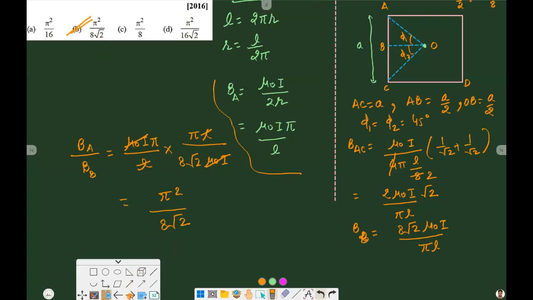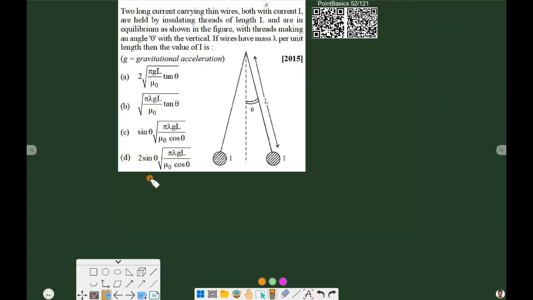Moving to the next question. Two long current carrying thin wires, both with current I, are held by insulating threads of length L, are in equilibrium as shown in the figure. The threads make angle theta with the vertical.